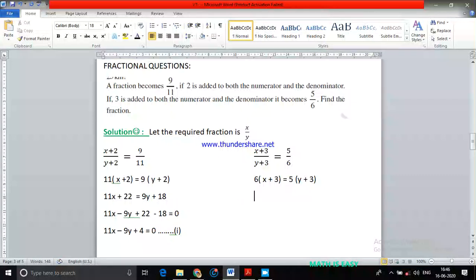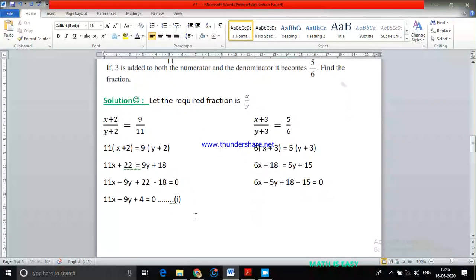Then if I open the bracket, 6 into x is 6x plus 6 into 3 will be 18, equal to 5 into y will be 5y plus 5 into 3 will be 15. So same way we do, bring all the terms to the left hand side. 6x, plus 5y will come this side as minus 5y, plus 18 minus 15 will be equal to 0.